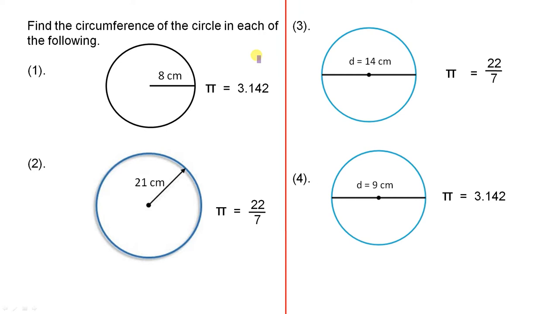Find the circumference of the circle in each of the following. So here we have a circle with a radius of 8 centimeters. We're given that pi equals 3.142, and this was all explained in the lesson.